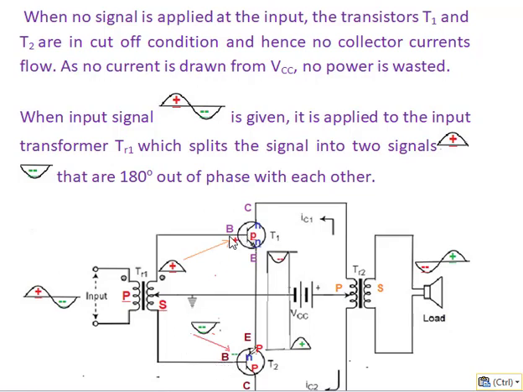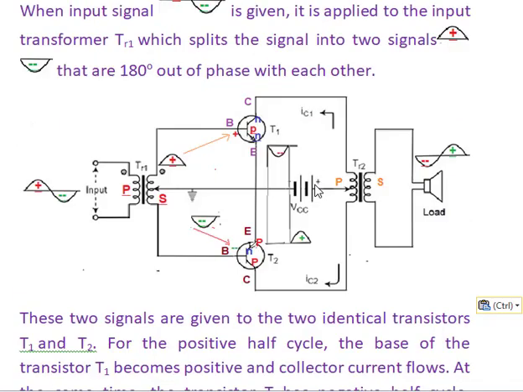So both transistors are in cutoff condition. There is no collector current flow in both transistors T1 and T2. As no current is drawn from the source VCC, no power is wasted.